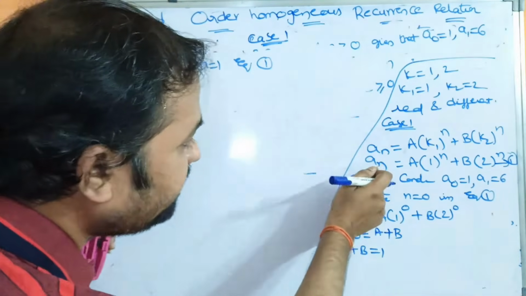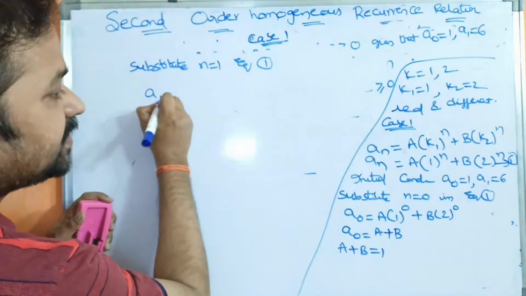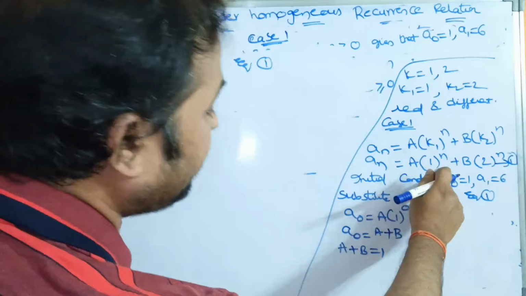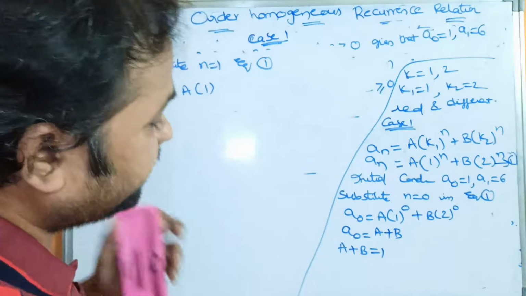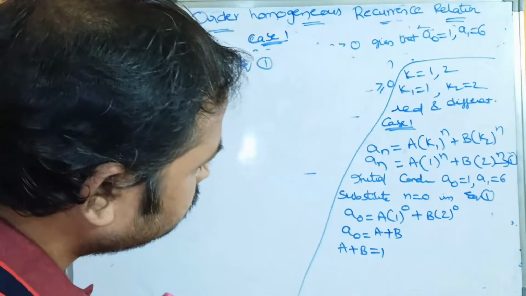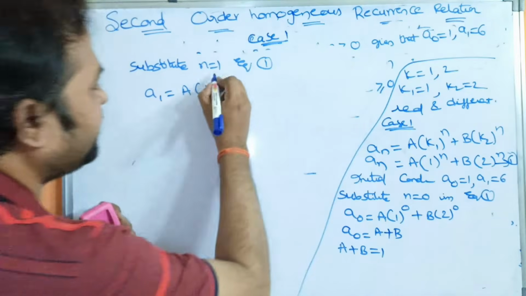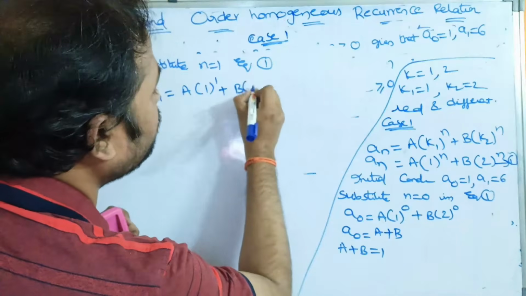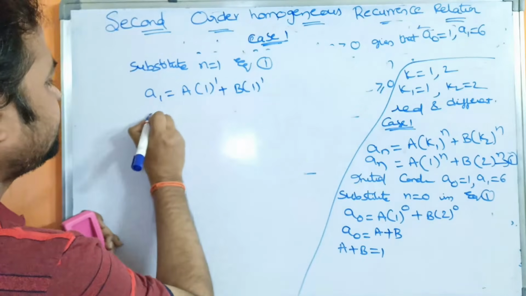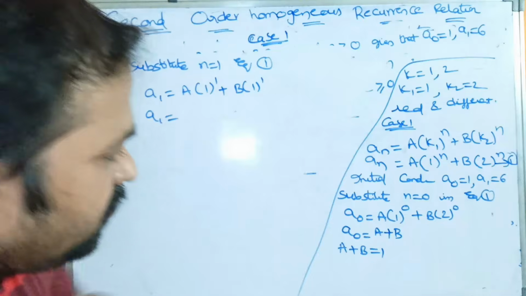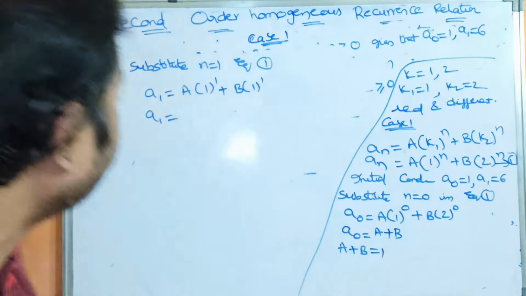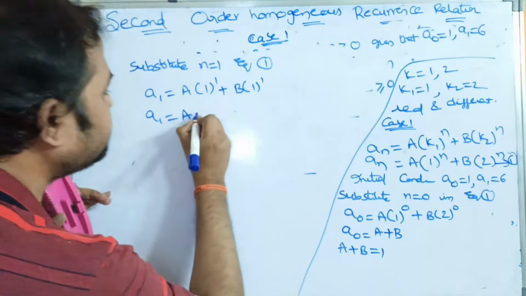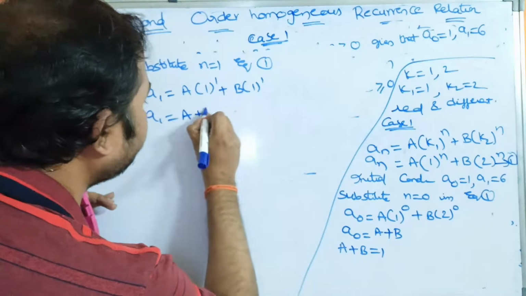Then in place of n we have to substitute 1. a1 is equal to a into 1 power 1, plus b into 1 power 1. So 1 power 0 means 1 only, a plus b. Here also 1 power 1 means 1. So a into 1 means a, plus b into 1 power 1 means b.